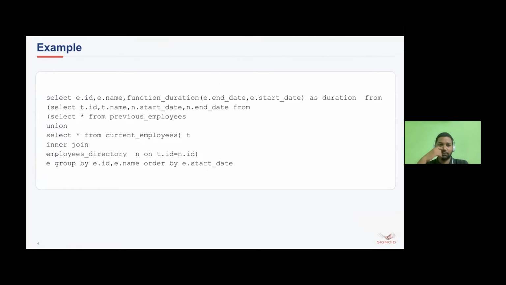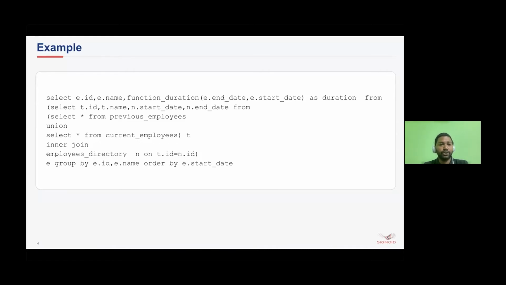So let's see an example. Suppose we have an employees table, and we want to find all the employees' ID, name, and their duration in that company. Suppose we have two tables, the previous employees and the current employees.